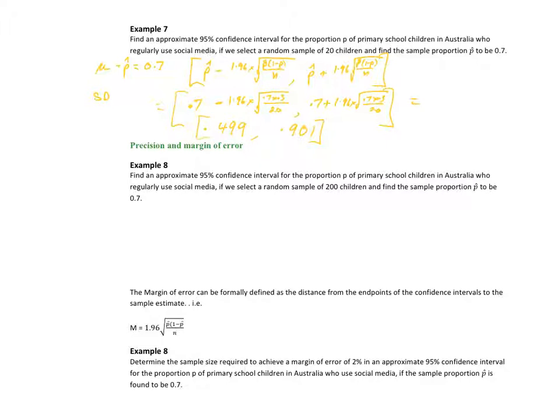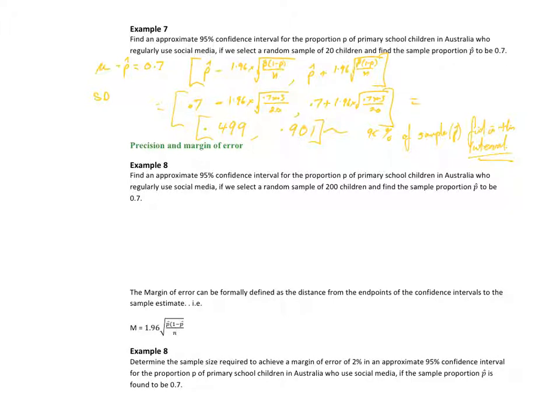So what we're saying here is that we think 95% of our sample proportions will fit within that interval. In some ways, 95% of sample p hats fit in this interval.